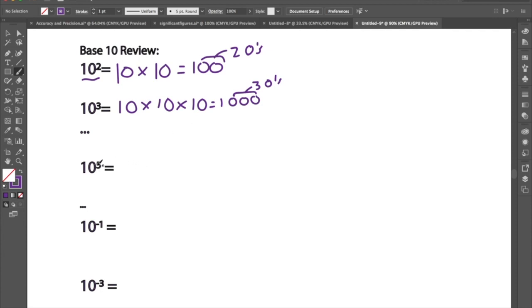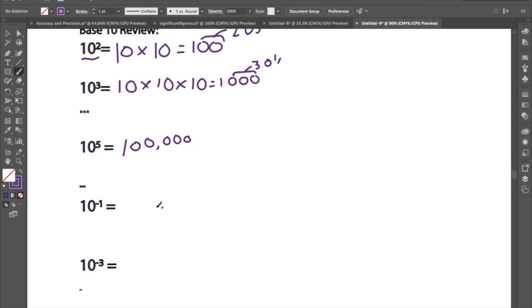If we take a number such as 10 to the power of 5, instead of having to multiply 10 five times or even plug it into our calculator, we know that this has to be 1 with 1, 2, 3, 4, 5 zeros after it, and we know that this is equal to 100,000.